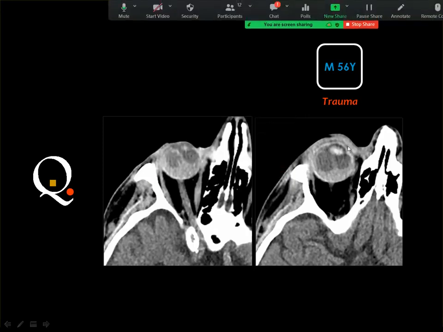The globe is intact, but you can see some hyperdensities inside, and this means that this is vitreous hemorrhage. The vitreous hemorrhage is not one of the manifestations of globe rupture, but it indicates a serious ocular injury.